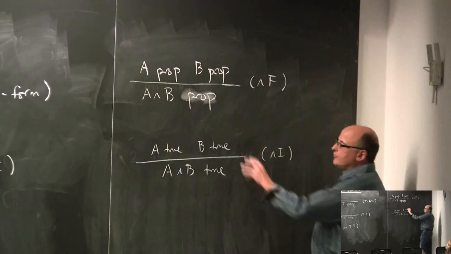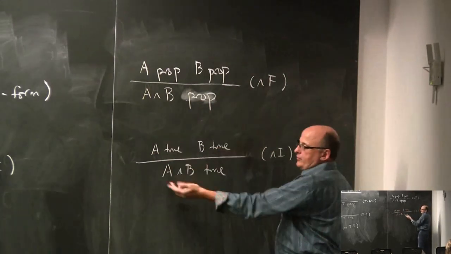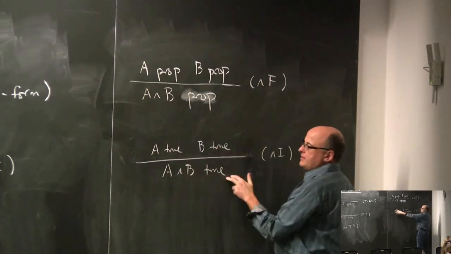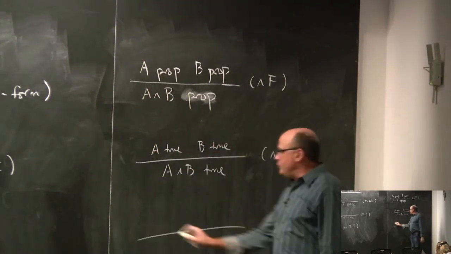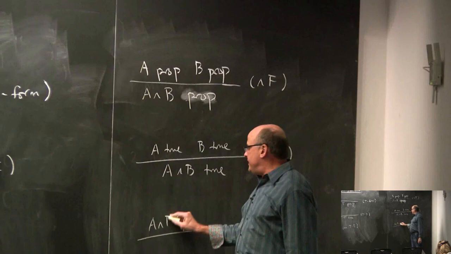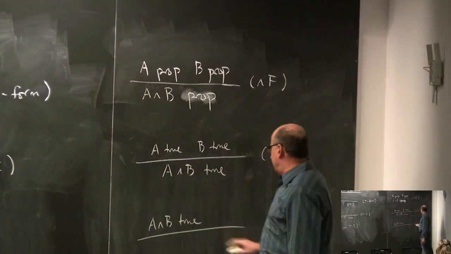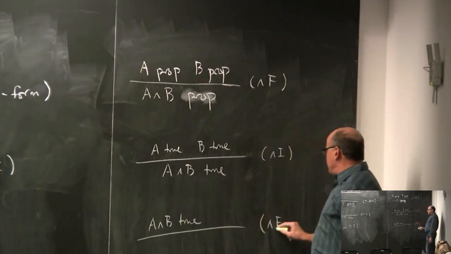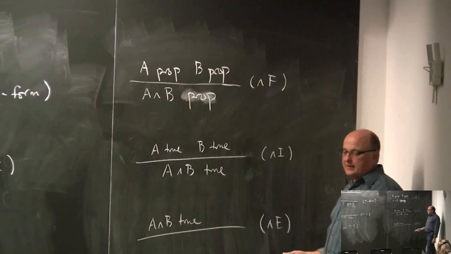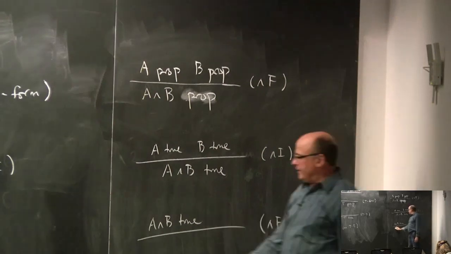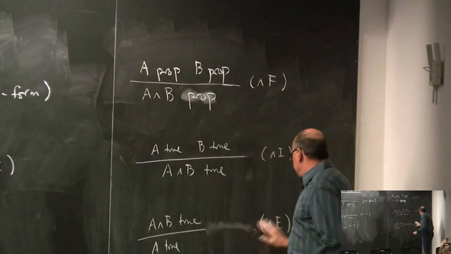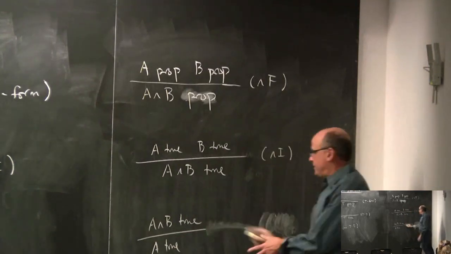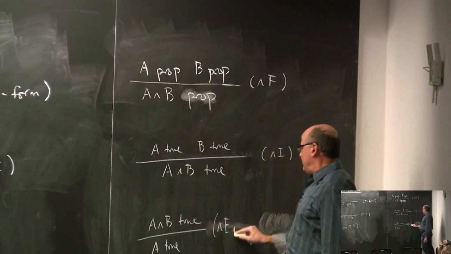Now, information went into the fact that A and B is true. So if you happen to know by who knows what means that A and B is true, I want to give you a means of extracting the information that went into that fact, which is to conclude that A is true. This would be, I need a little more space, E, let's call it sub 1.